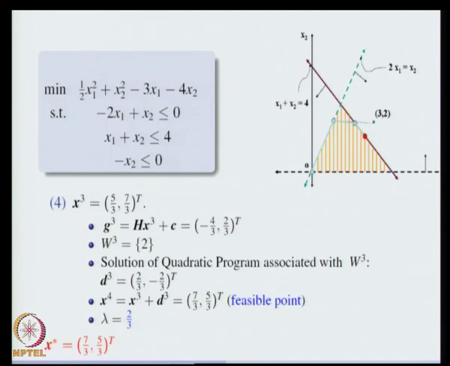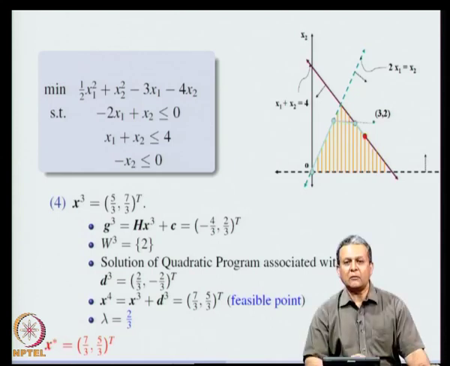Therefore, the number of ways of selecting the active constraints from the given set of constraints is also finite. Though it is exponentially large in number, it is still a finite number. So, for convex quadratic functions, this algorithm can terminate in a finite number of iterations.